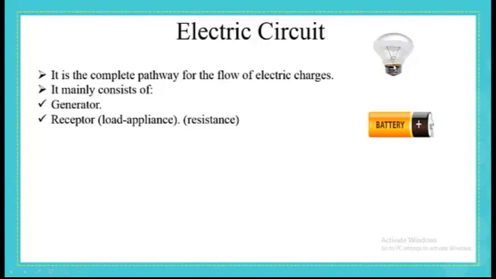The load resists the flow of current. So, for example, if the current is flowing through the filament of this lamp, the filament is going to resist the flow of electric charges.